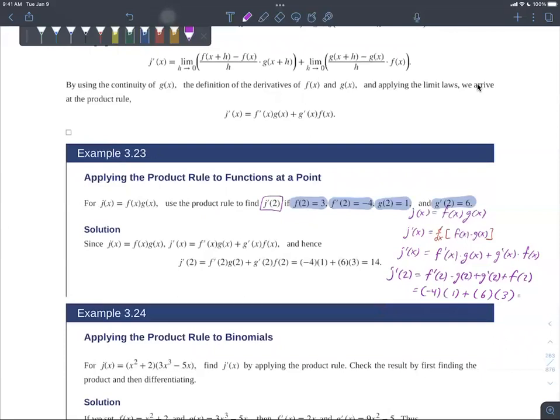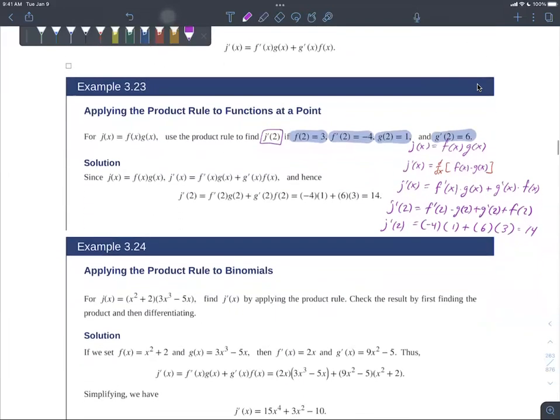So you can combine those values there, you get 14 as your j prime of 2. So the slope of the tangent line when x is equal to 2 for this function, which is a product of two functions, is 14. Okay, so that's all we're asked to do there.